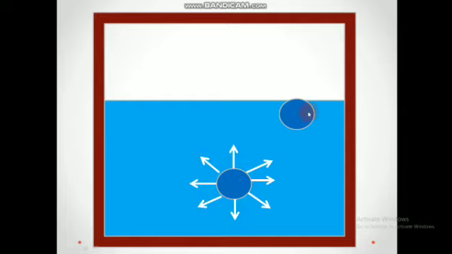But a particle on the surface will experience force only in these directions. Why? Because there is no particle in this portion to attract it. So there is no interaction in these directions. But in case of bulk, there are particles all around this particle and all of them will be interacting with it. Hence this will have interactions all around, and this will have interactions in these directions only.